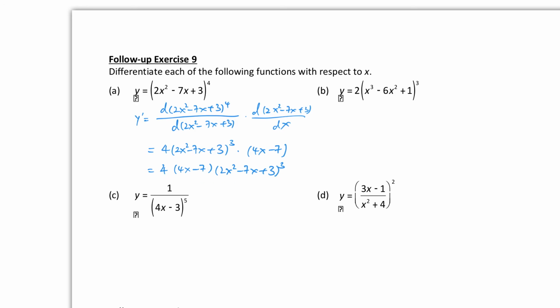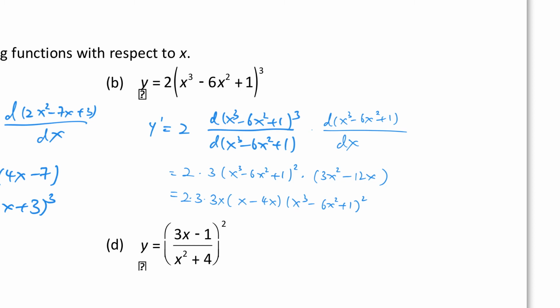Part B. According to the chain rule, these two I can take out first. Just consider this function, and then according to the chain rule, you can make good use of the power rule: 3 times the original function to degree minus 1, and the derivative of this term is equal to 3x squared minus 12x.